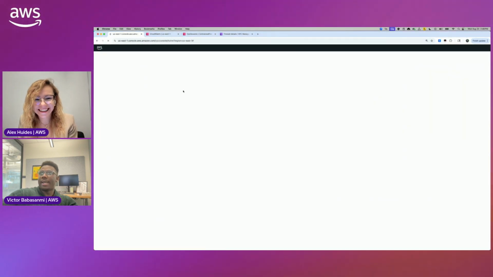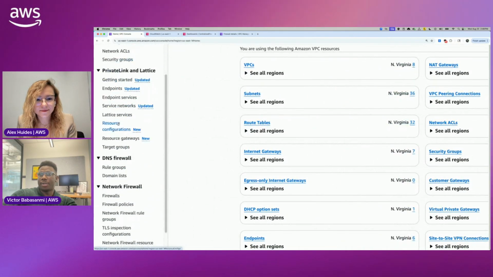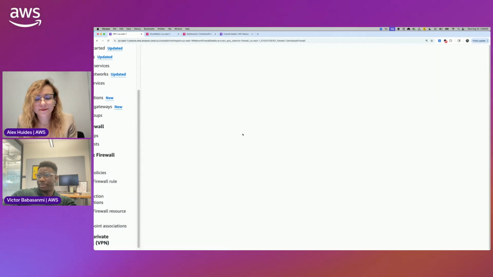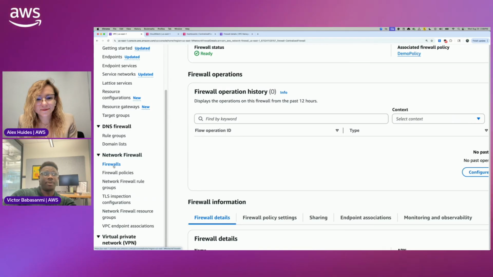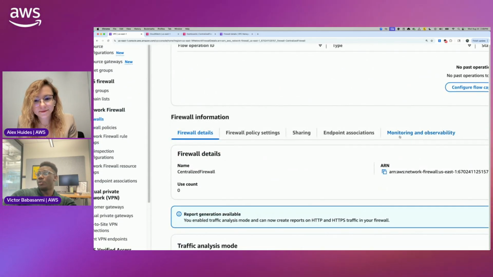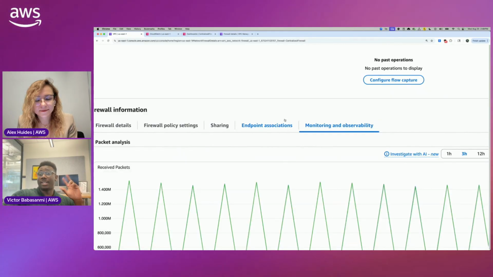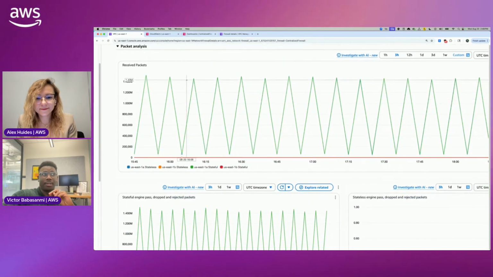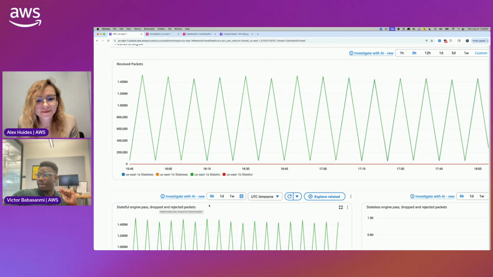All right. So before I just show us that, I want to just quickly show that network firewall also has a native dashboard by default. So if you went to VPC network firewalls and then firewalls, and you went to monitoring and observability for your firewall, if you enable something called detailed monitoring, you would see some useful information here, like metrics on packets received, stateful dropped, rejected packets.